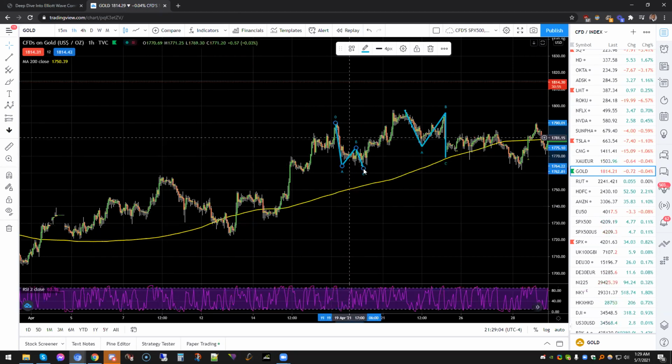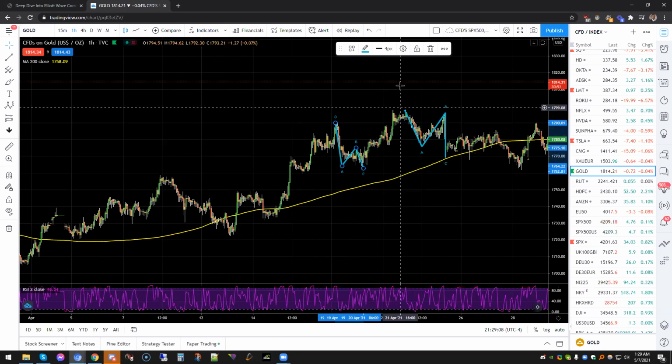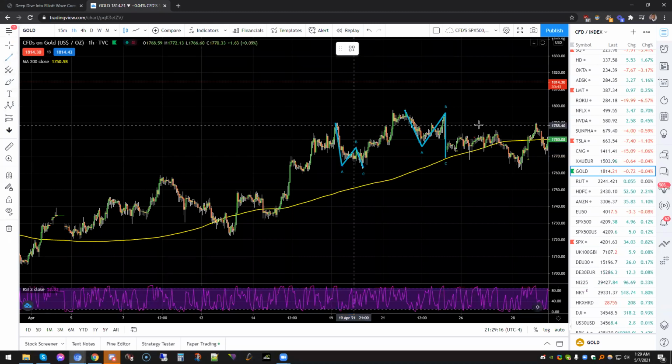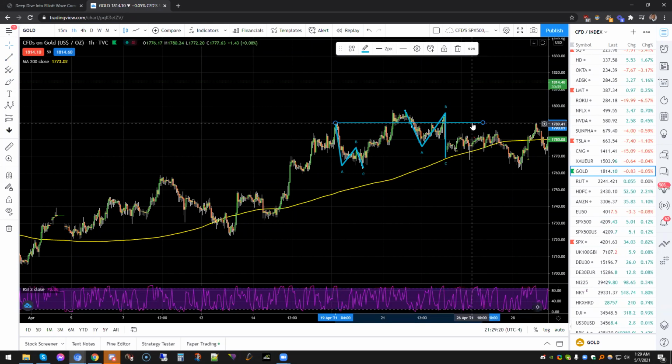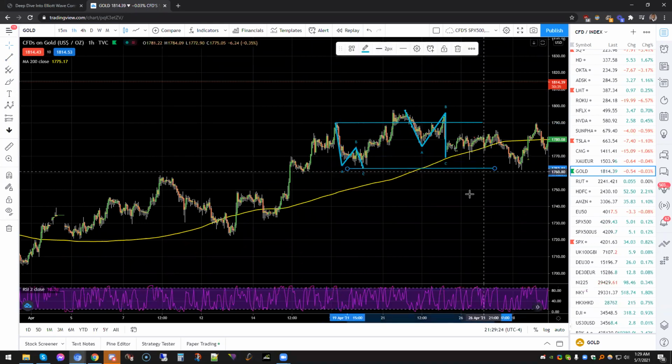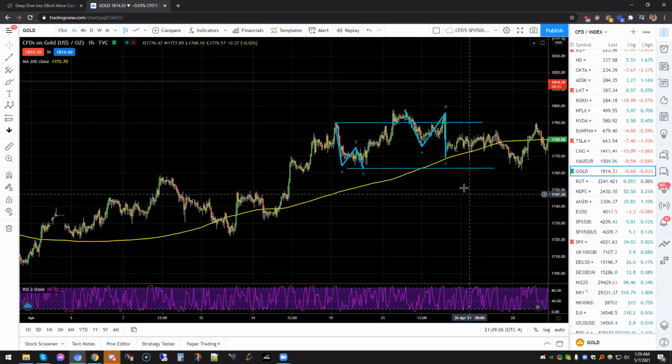Okay, so you got ABC, you got a three-wave move up, and then you got another ABC move down. So that wave would be considered a flat pattern. If we had to draw it out, it would look like this, right? So this wave would be considered a flat pattern formation, as you can see here.